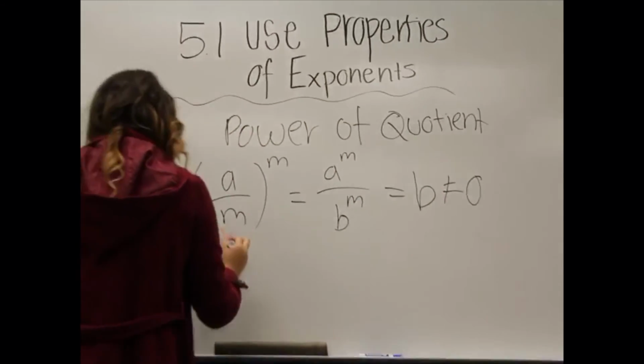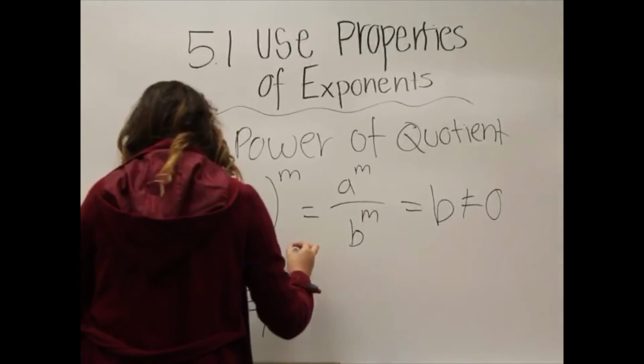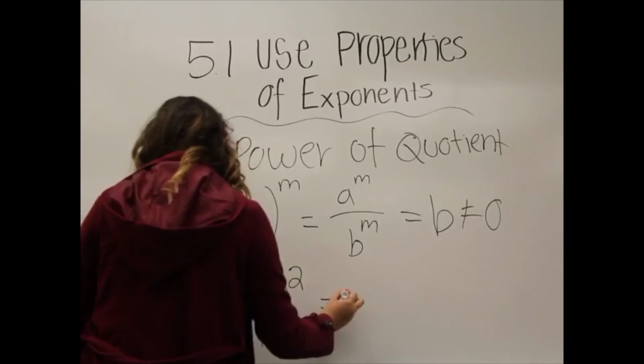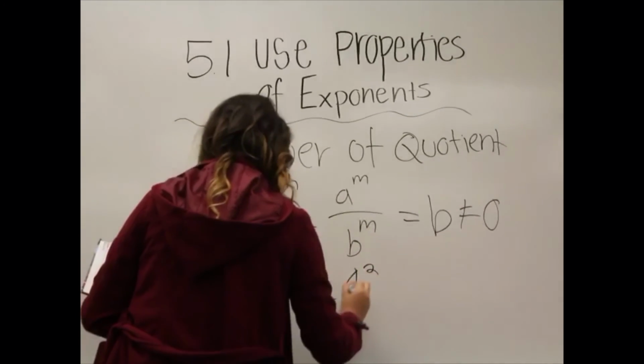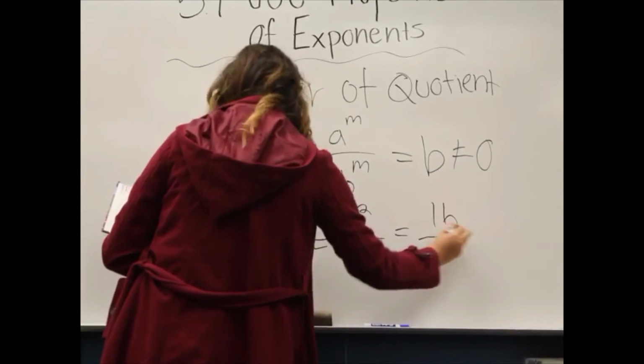For an example, we would have 4 over 7 in parentheses to the power of 2, which would equal 4 squared over 7 squared, which would equal 16 over 49.